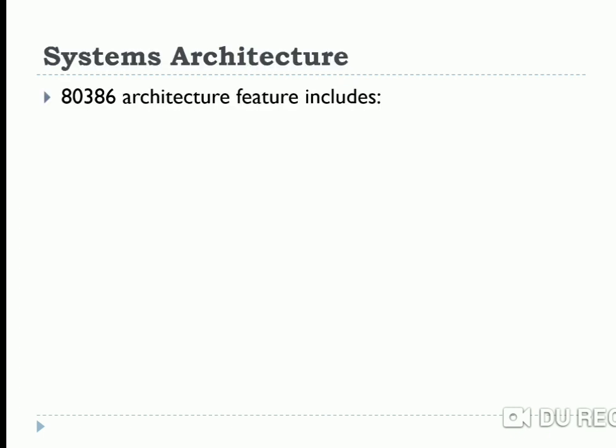As we know, the system level features of the 80386 architecture include memory management, that is, the 80386 transforms the logical address, the address as viewed by the programmer, into the physical address. We will see how the address translation is used and which memory management registers are used to support memory management.